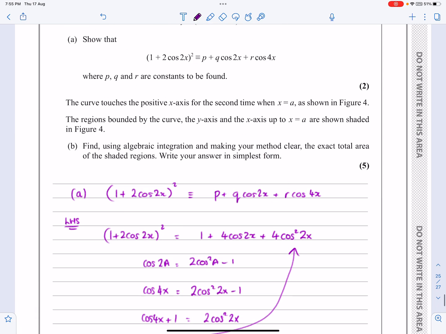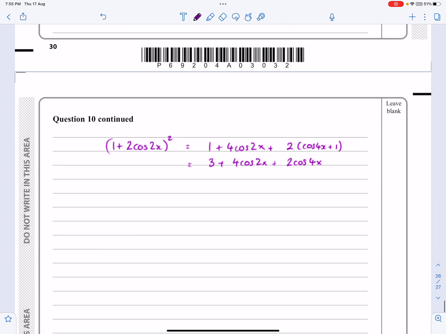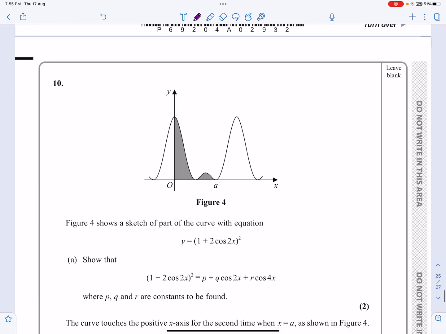So if we compare that to what we had up there, we've now managed to work out our P, Q and R. Okay, let's go back and have a look at the second part then.